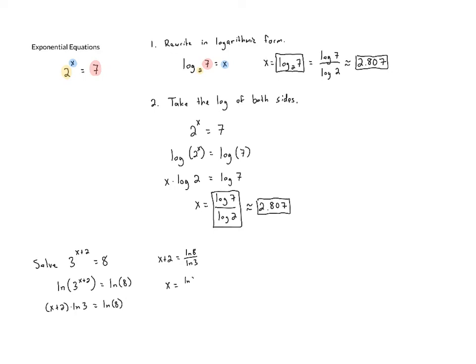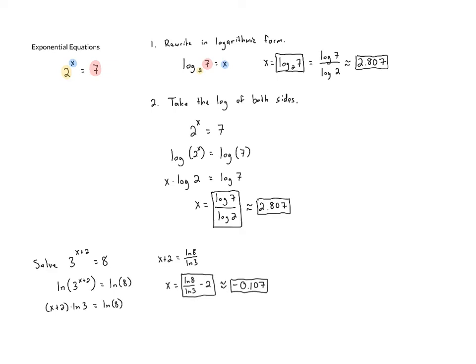So that gives us ln of 8 over ln of 3 minus 2. And this is a perfectly good exact answer. But if we want an approximation, we can use a calculator to do that, and we end up with negative 0.107.